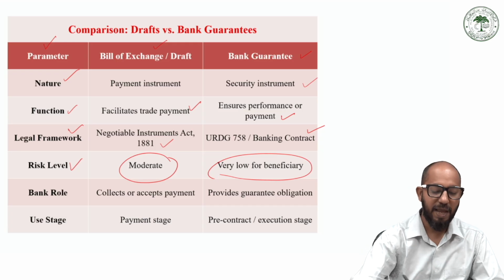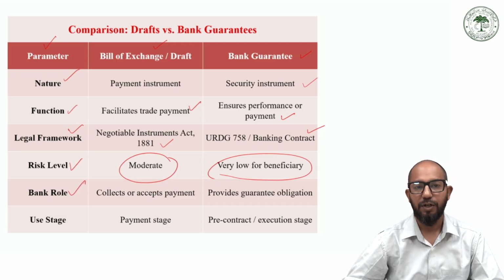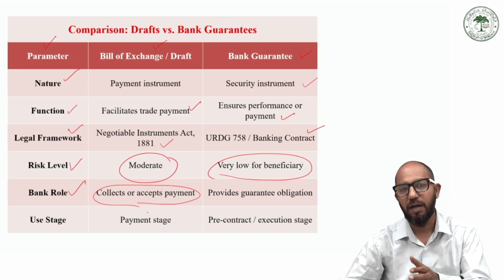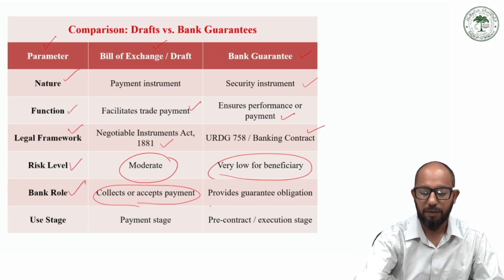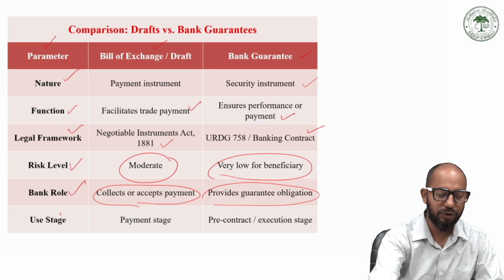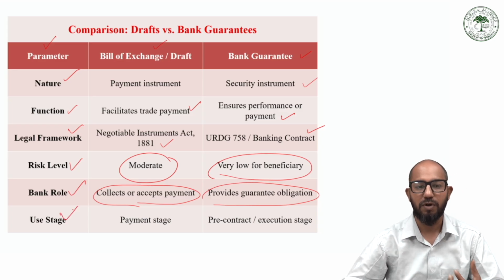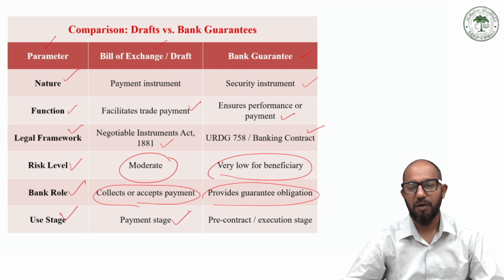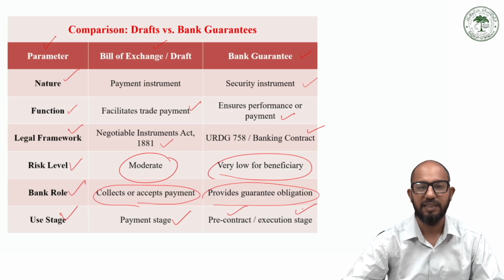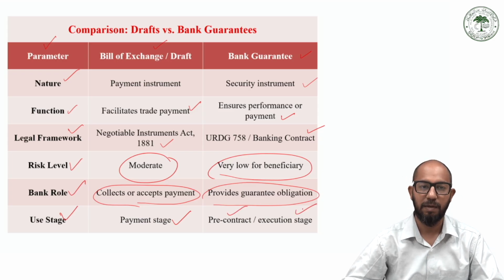With respect to the bank's role as a parameter, in the case of bills of exchange and drafts, the bank collects or accepts the payment, while for a bank guarantee, it provides guarantee obligations. With respect to the last parameter, that is use stage, bills of exchange or drafts are used at the payment stage, while a bank guarantee is used in the pre-contract or execution stage of export and import.